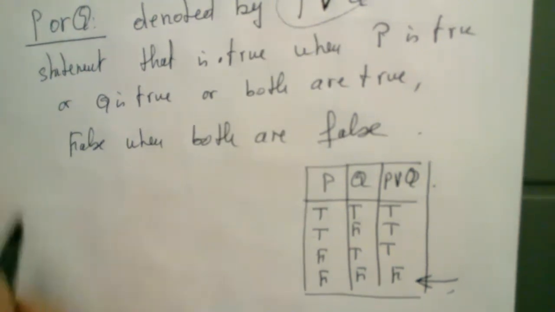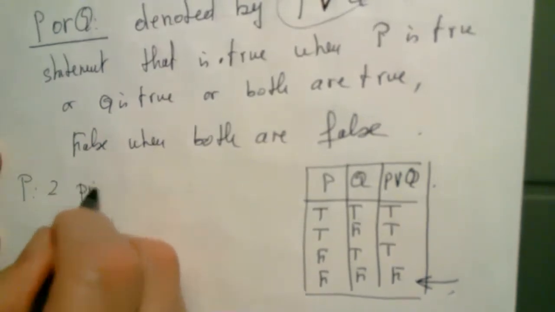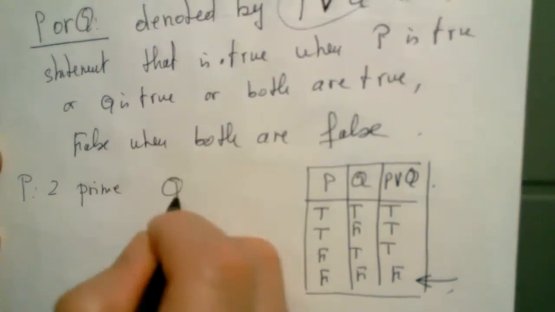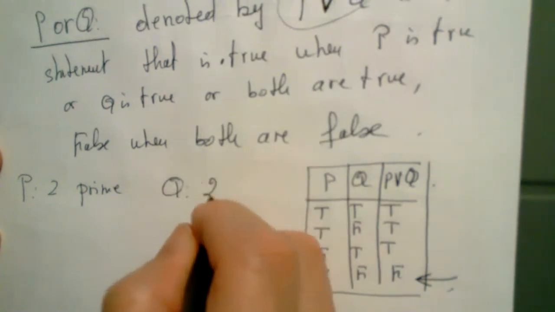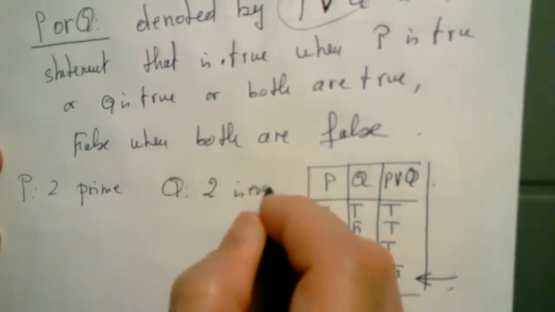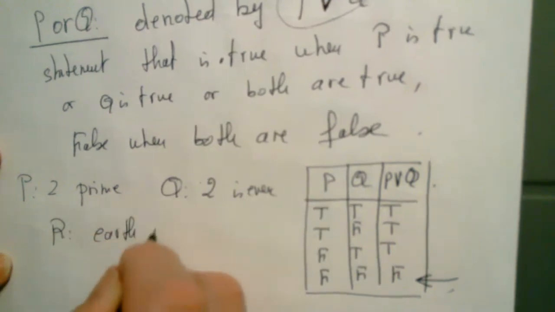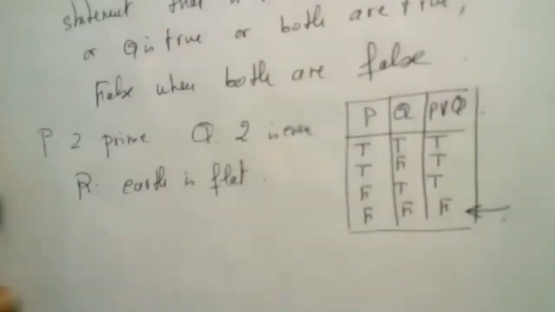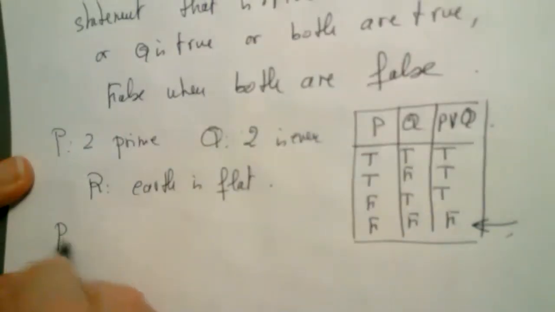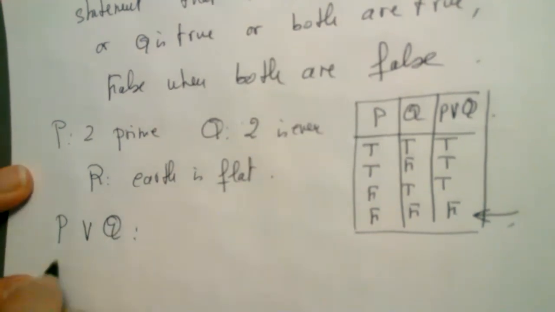So if I go back to my previous example, P: 2 is prime, I think that's what it was. Q, I picked 2 is odd. 2 is odd, I guess. No, I meant 2 is even. And R, the Earth is flat. Okay. So now, P or Q, is it true or false?